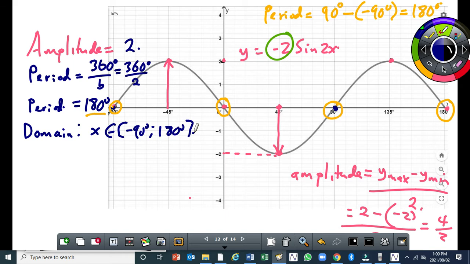There's a difference here. You see here, minus 2 is the coefficient of sine 2x, and 2 is the coefficient of x. Which one do you use to find the amplitude? The coefficient of sine 2x, not the coefficient of x. You use the coefficient of x to find the period.